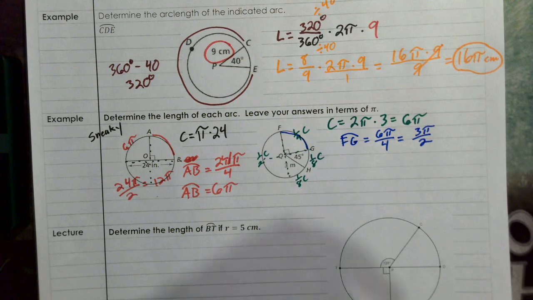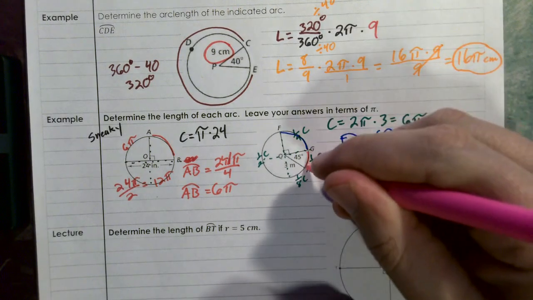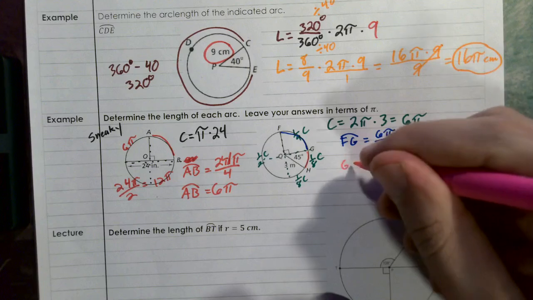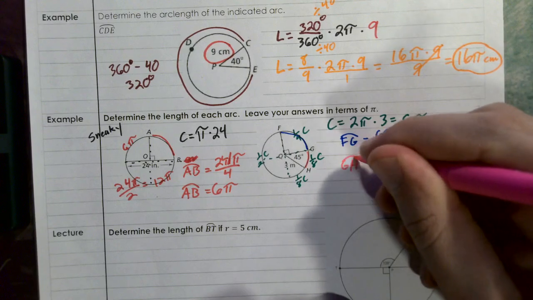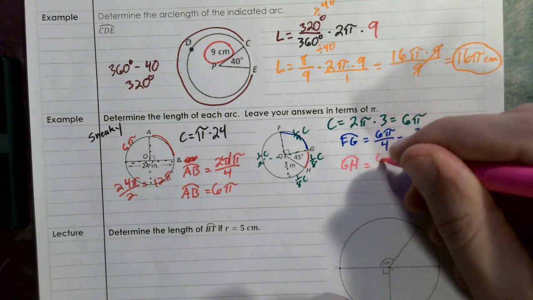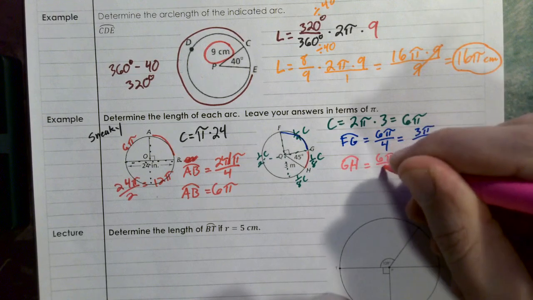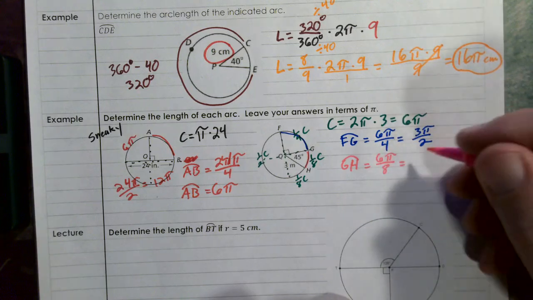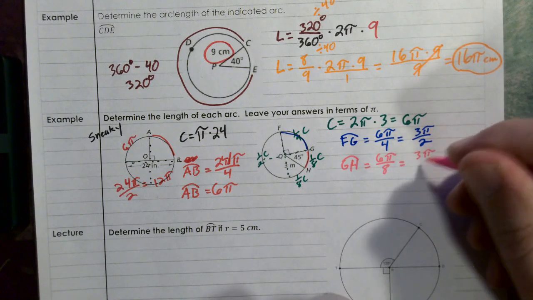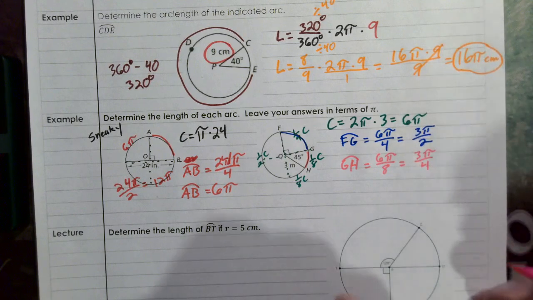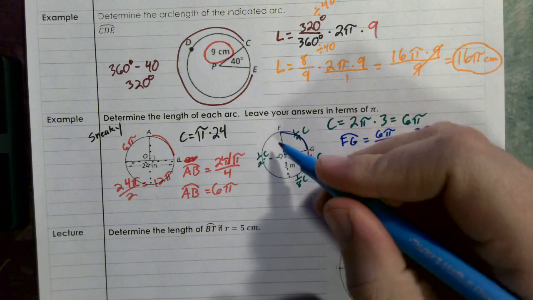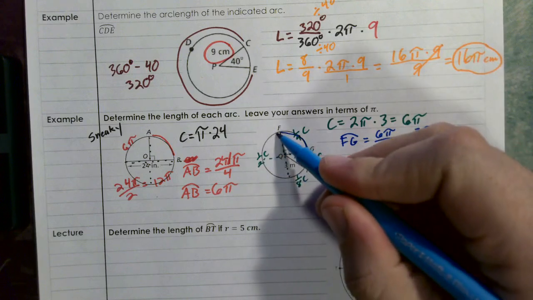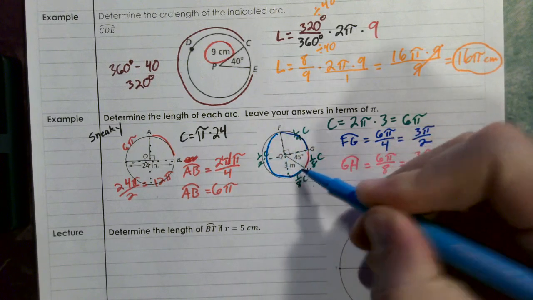If I go after this one, GH, GH has got to be 6 pi divided by 8. Okay, so divide both of those by 2. We get 3 pi over 4. Okay, cool.